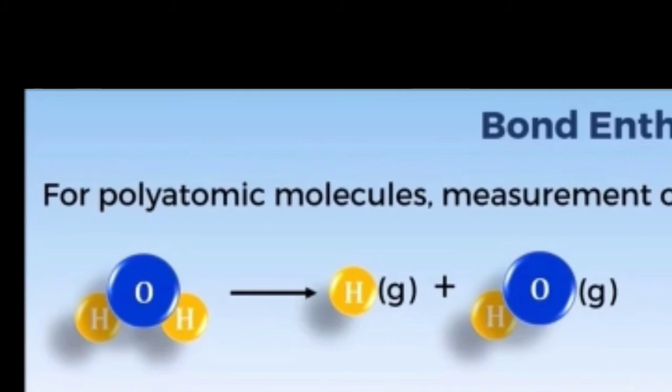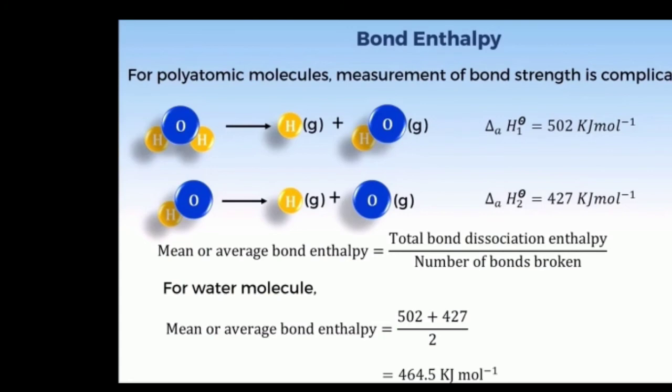Next step, we break the second O-H single bond, then its bond enthalpy is 427 kilojoule per mole. From these values, we can calculate the average bond enthalpy, which is equal to total bond dissociation enthalpy divided by number of bonds broken. So here we substitute the values. Total bond dissociation enthalpy is 502 plus 427 divided by number of bonds broken, which is 2. So we get the value 464.5 kilojoule per mole.